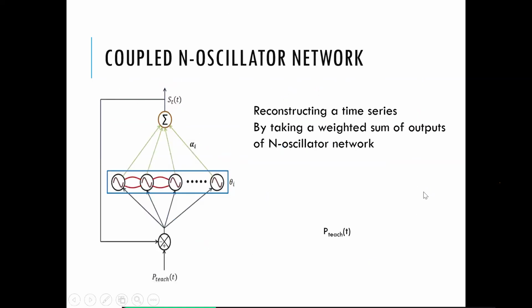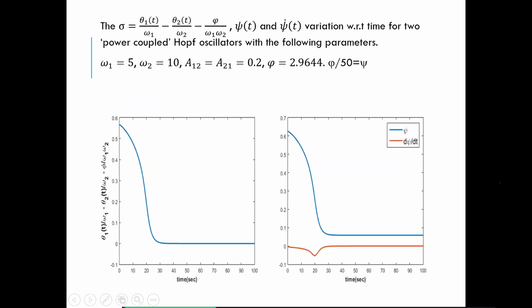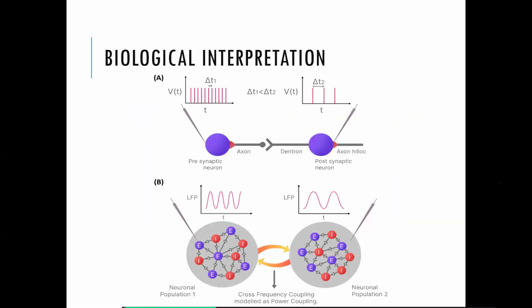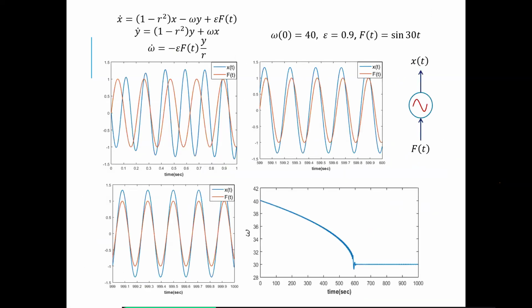Now with this, I'll construct a network, which is like a generative model. I can use this network to generate any arbitrary time series. How do I do that? I take n oscillators. All the n oscillators are coupled by this kind of power coupling that I just showed, and since you have n oscillators, you will have an n by n coupling matrix.